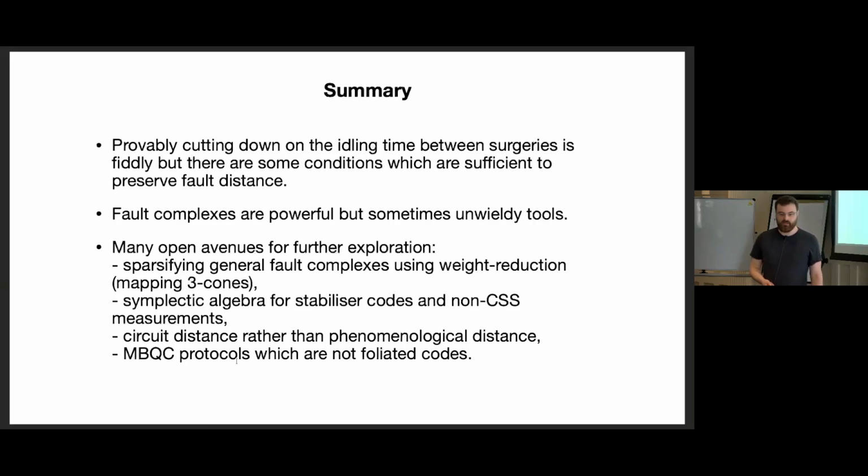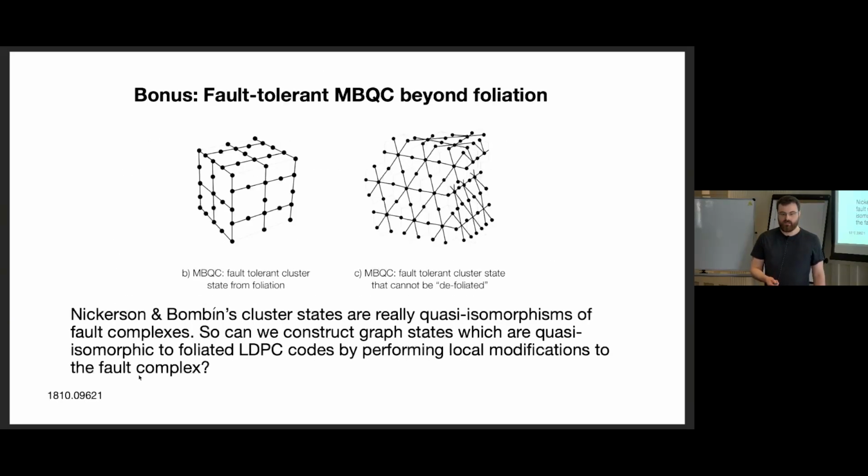And then lastly, I want to think about looking at MBQC protocols which are non-foliated. This is similar to the top thing here, but in particular, if you look at the Naomi Nickerson and Hector Bombin work from 2018, they take some cluster state and then look at non-foliated versions of this cluster state in MBQC.